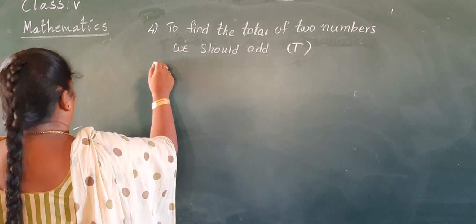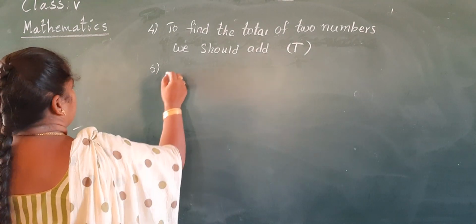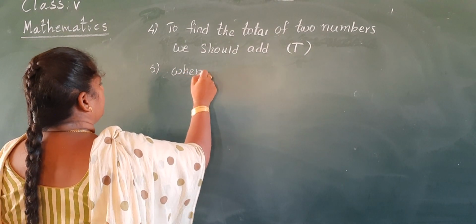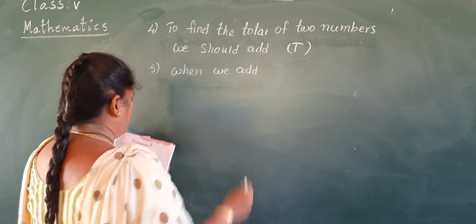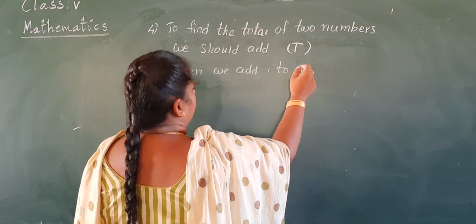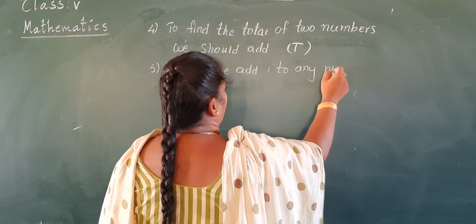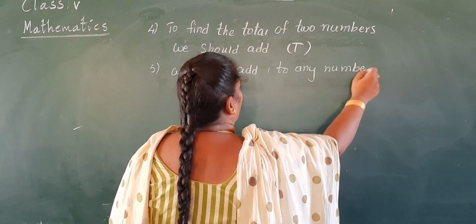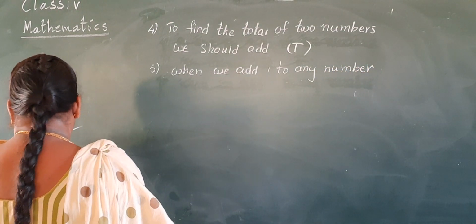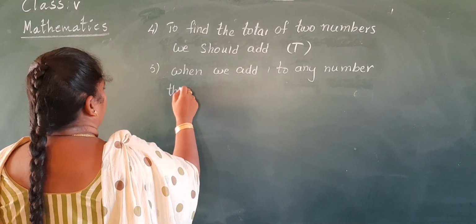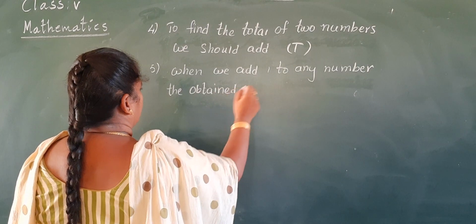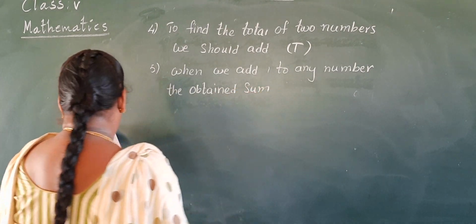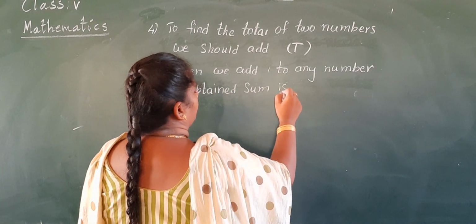Okay, next fifth one. When we add 1 to any number, the obtained sum is the next number.